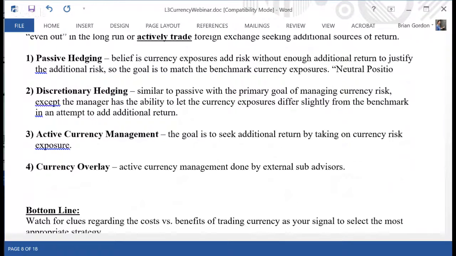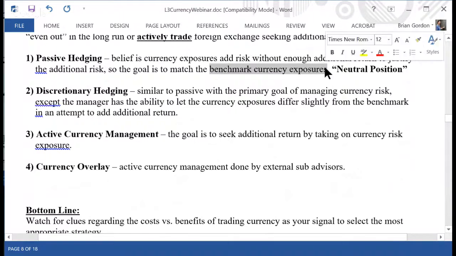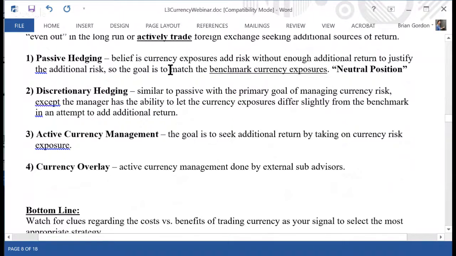And the neutral position refers to passive investing. This refers to simply creating our portfolio currency exposure and matching it to the benchmark currency exposure. So that's it. We're just matching the exposure. And are you going to do this? No, you're not. It's just a qualitative answer.